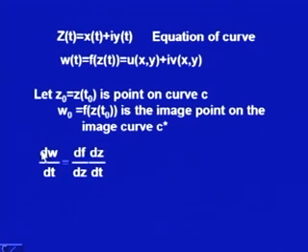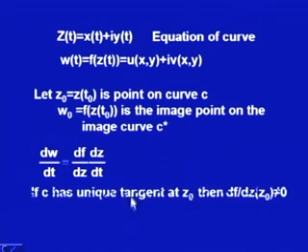Then dw by dt will be written as df by dz into dz by dt, as it is a composite mapping. If C has a unique tangent at z0, that means df by dz at z0 is not 0. If this is 0, then we cannot find a tangent uniquely.